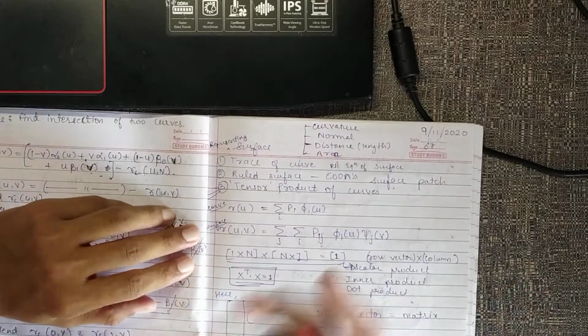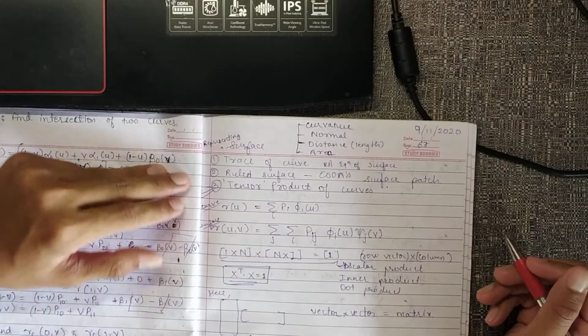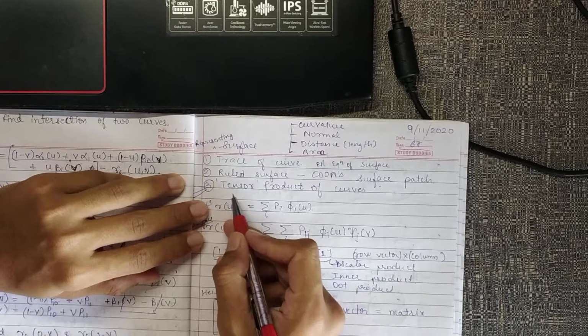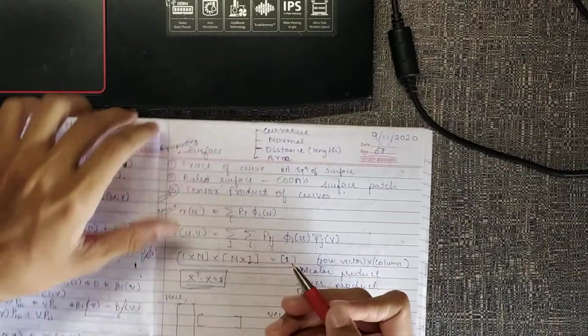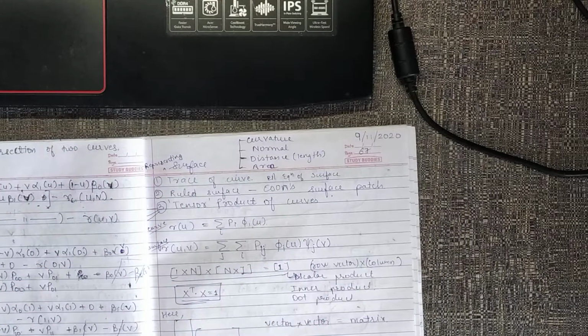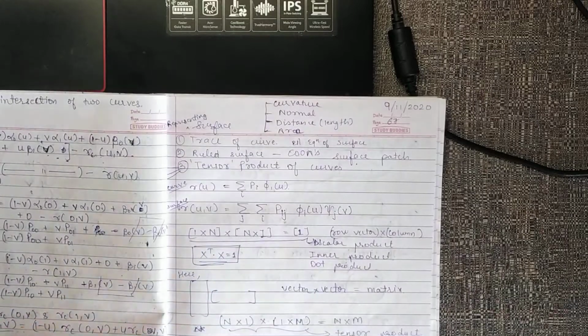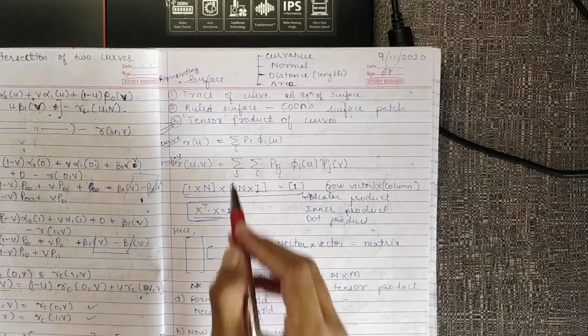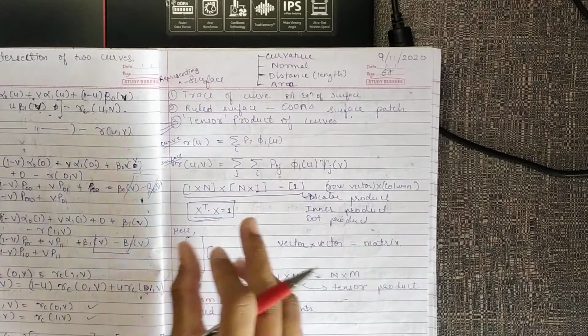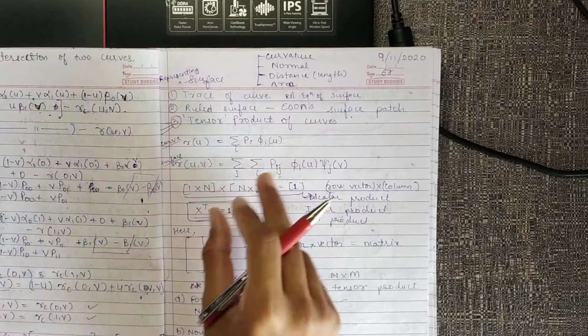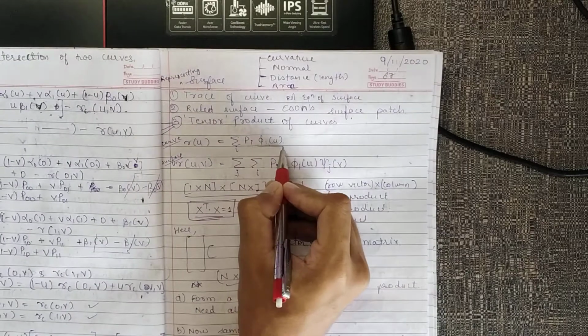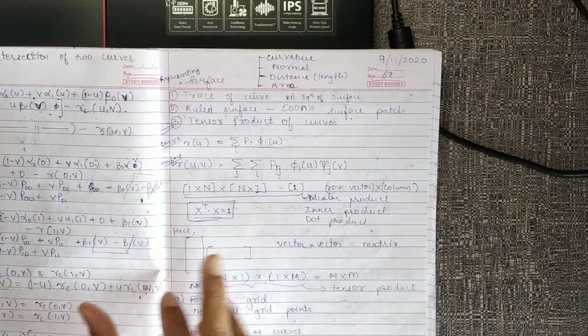And there is one more method, that is making a surface using the tensor product of curves. But this is generally not very much used because there is so much mathematics in tensor products. But the basics are similar to blending. There were blending functions applied on points earlier to get curves.